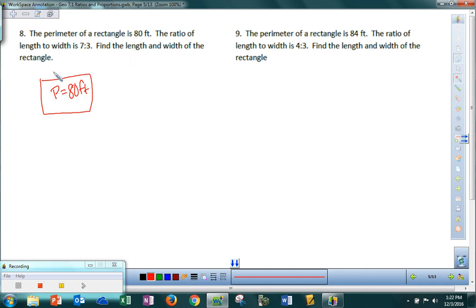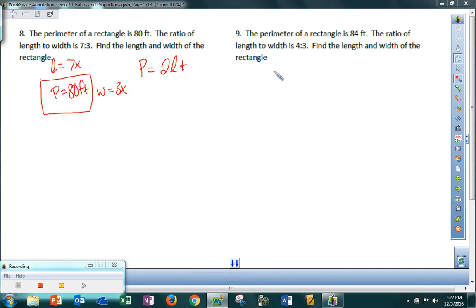Well, just like before, instead of calling the length 7, we could say that's 7 times some number, or 7x. Very similarly, for the width, we can say that's 3 times some number. Well, if you remember, the perimeter for a rectangle can be written as 2 times the length plus 2 times the width, or 2 times just length plus width.